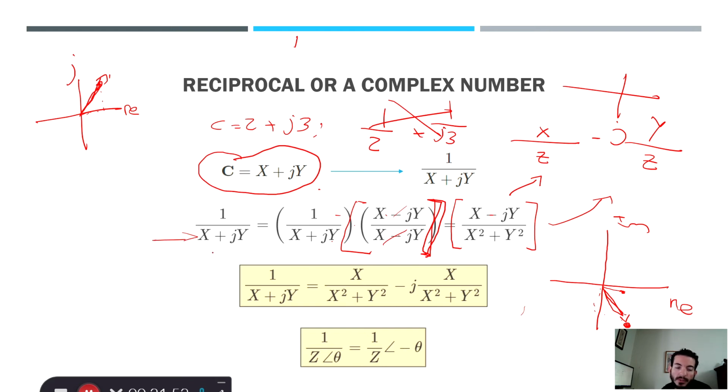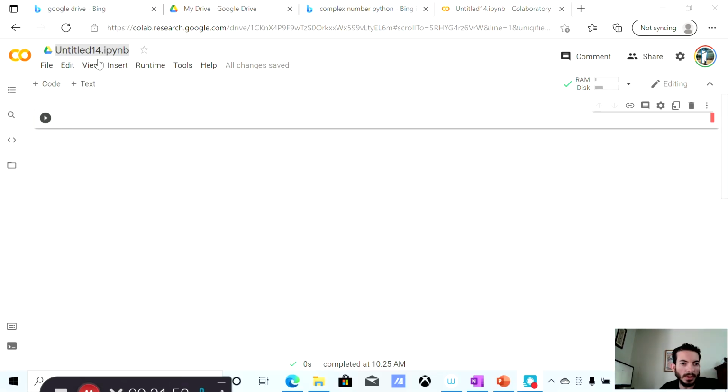Again, the calculator can do this, and in fact, if we go to Google Colab, you can open your Google Colab from here and name it whatever you want, complex nums, and as long as you don't get rid of the extension, Google Colab will know that it's a Python script. And then you can say that your complex number, capital C, equals 2 real plus 3 imaginary.